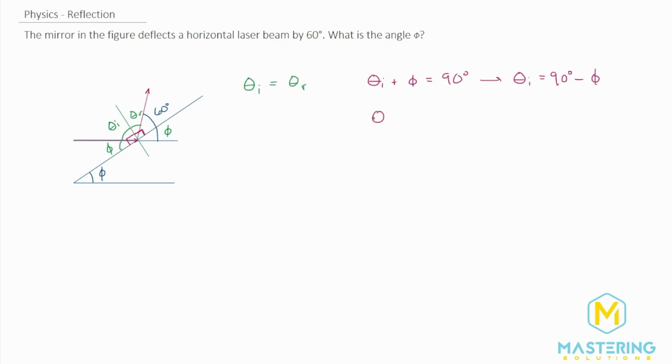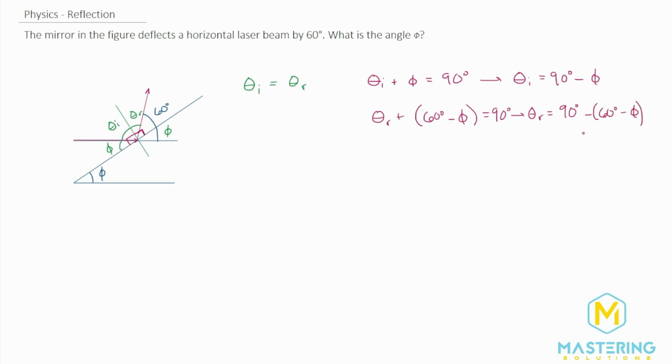So we have the angle of reflection plus 60 degrees minus phi is equal to 90 degrees. That gives us angle of reflection is equal to 90 degrees minus 60 minus phi.